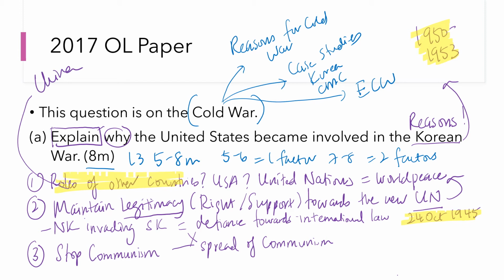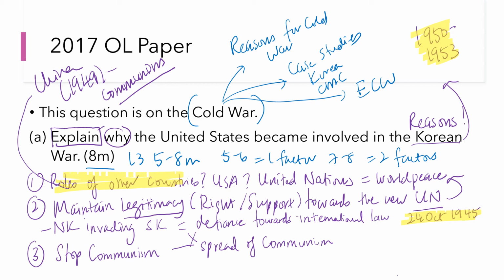Now, why was China very important? Because specifically, China in 1949, they were communist. So now the very fact that USA had to deal with not only Soviet Union, but a massive China that was communist.